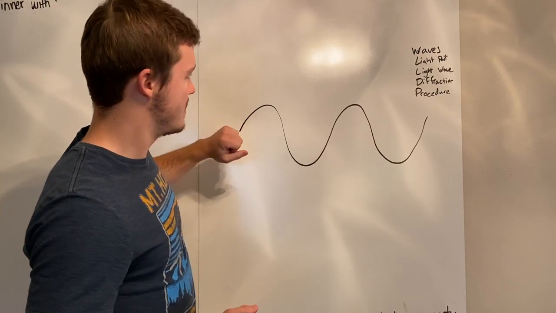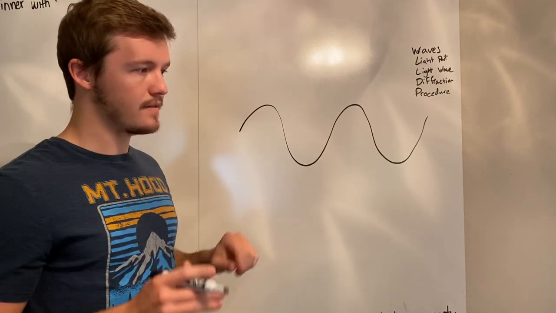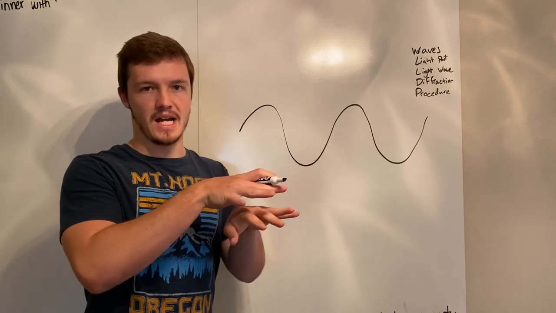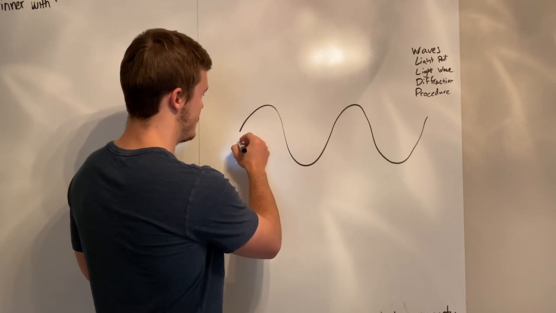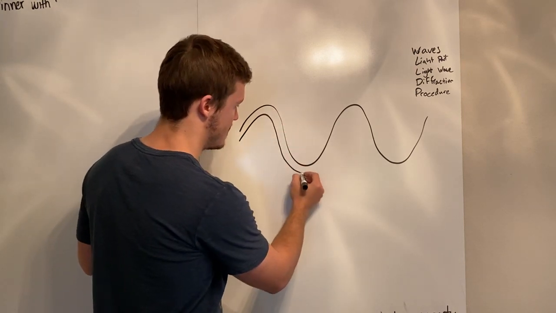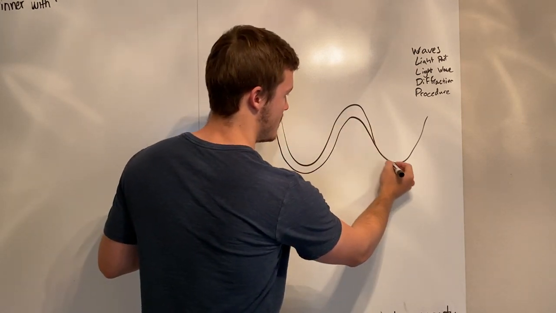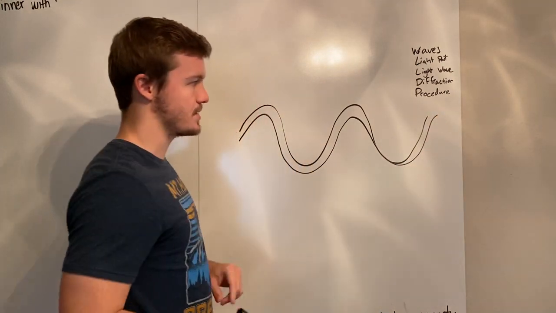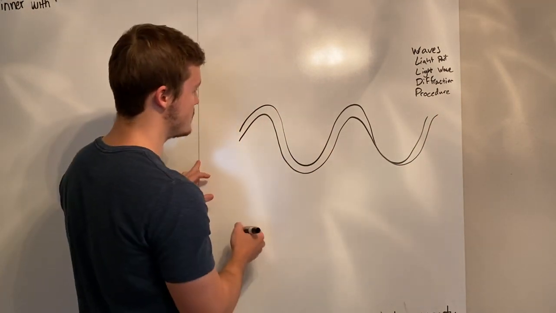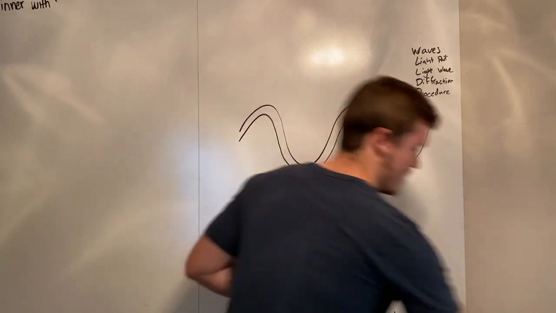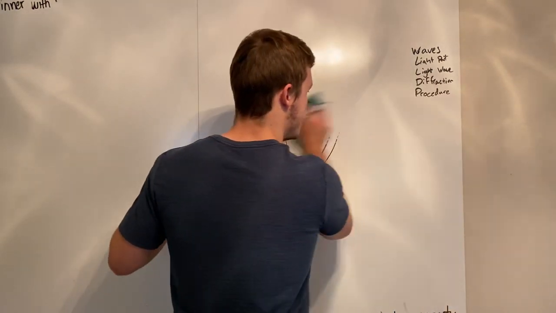What happens if I add another wave going over it at the same time? Can anybody guess? If I had another wave that comes in like this, what would the net result of those two waves added together look like? Let's see, I'm going to draw it like this.